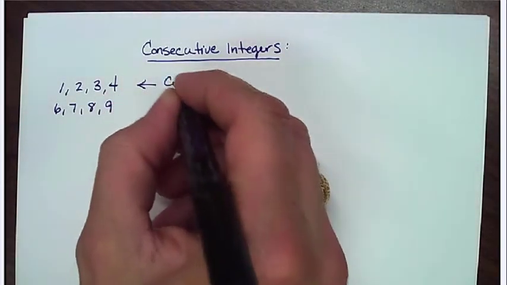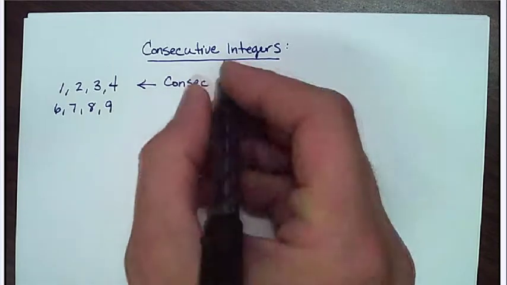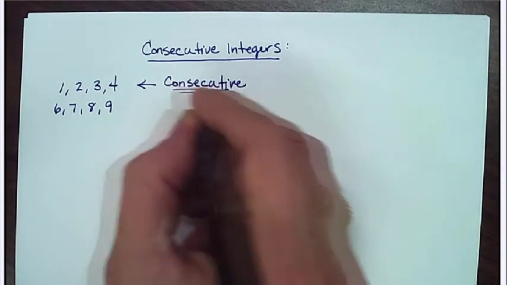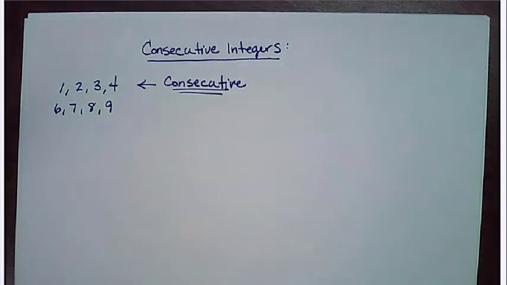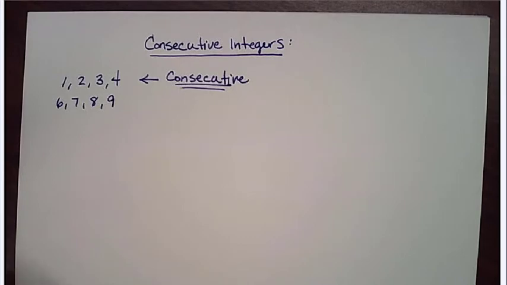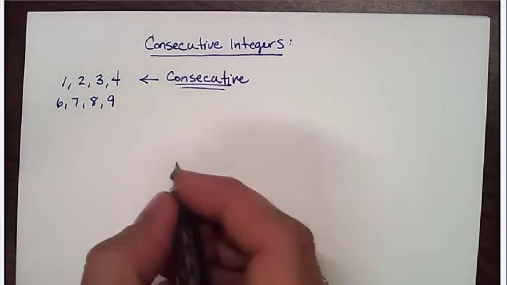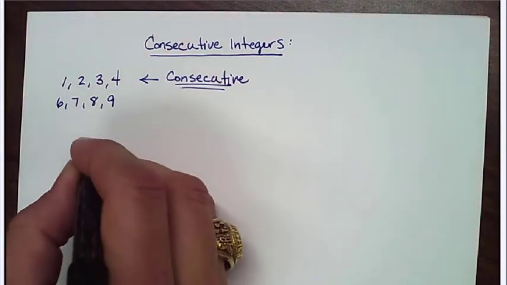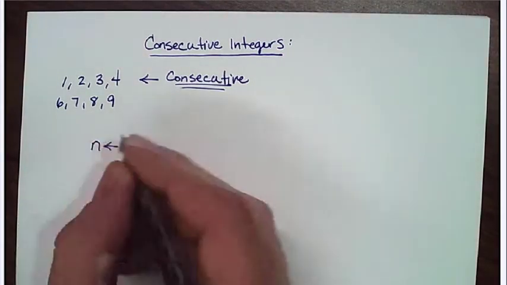Okay. Now, if we want to look for consecutive integers, but we don't know where we start, remember what we talked about in the last video, and that is anytime I don't know something, I start with a variable. Now, to kind of distinguish this section from other sections, I'm going to make that variable n. So n is what we don't know.